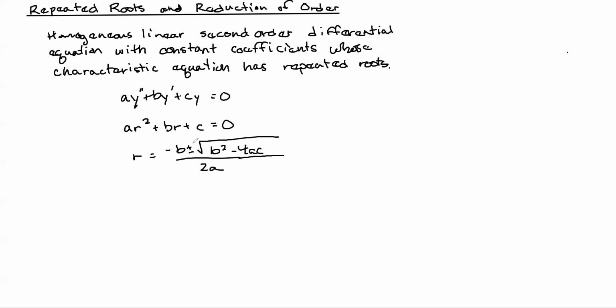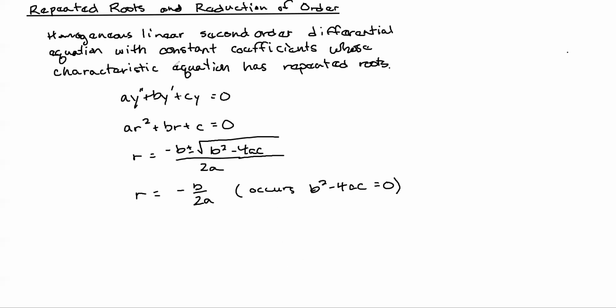The plus or minus is what gives us the two solutions, so we'll only have a single solution if we just have negative b over 2a. All this is going to be important, which is why I'm explaining it. It occurs when b squared minus 4ac equals 0.